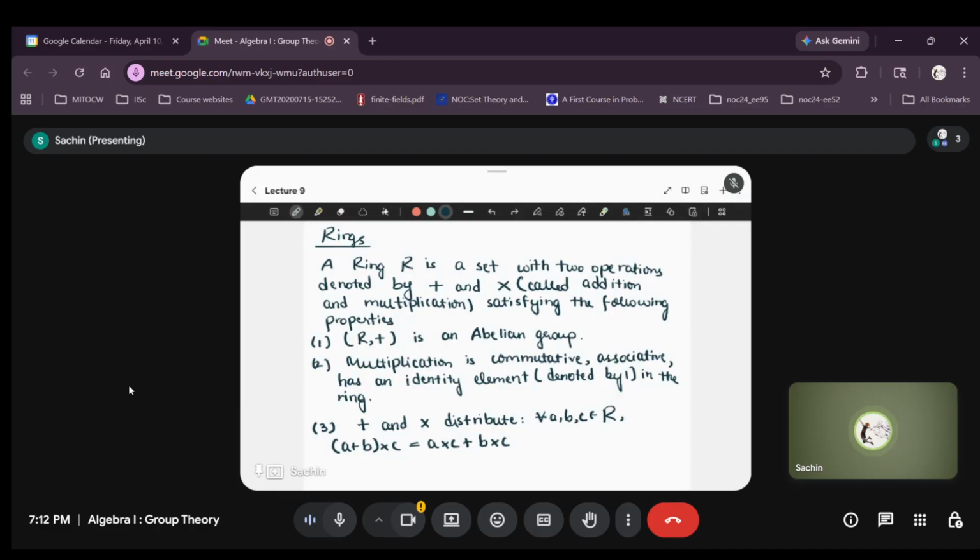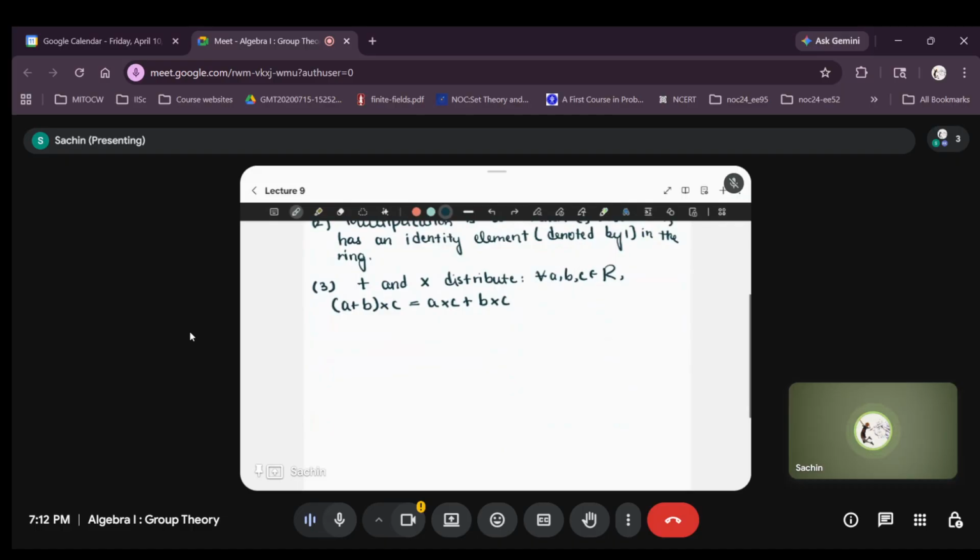So once we have this definition, we can look at some examples. The basic example is here again integers. Actually, integers are the model for this ring structure.